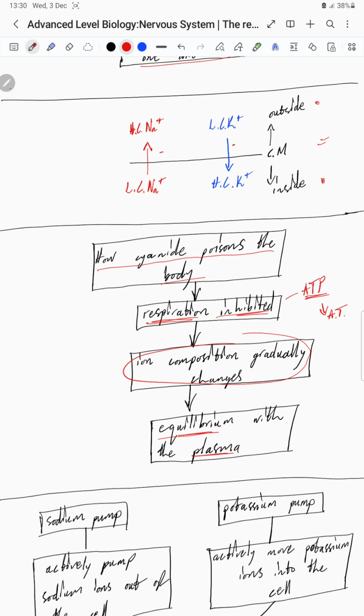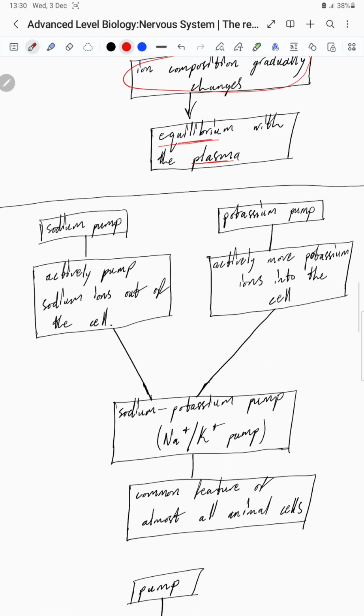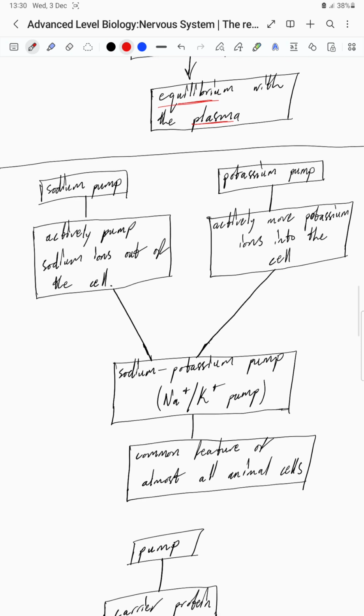That means there won't be our resting potential anymore. And eventually you will see by osmosis water will start to move in because the sodium is moved in, and the cell will disrupt.